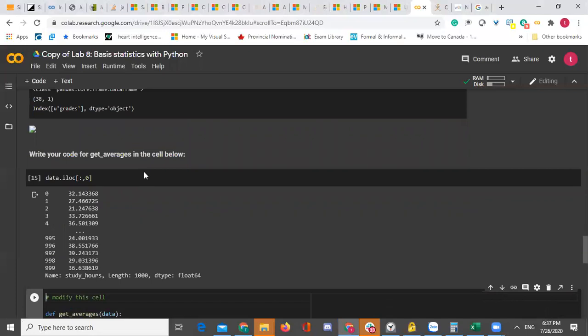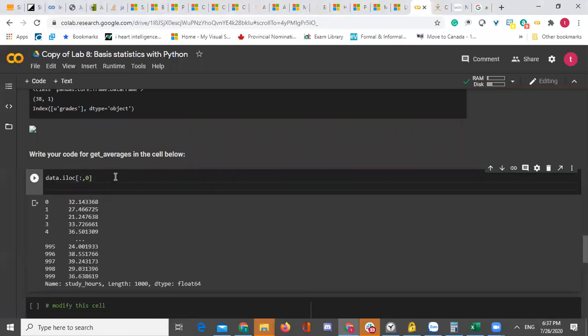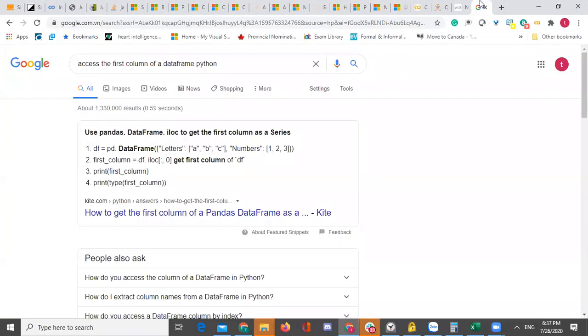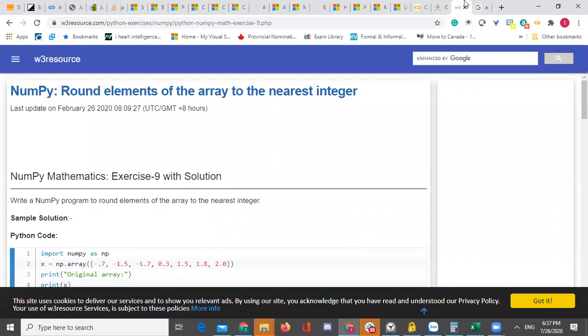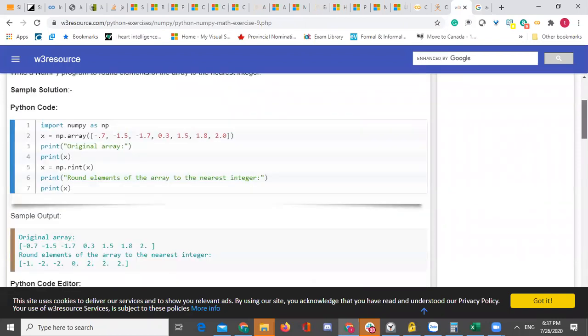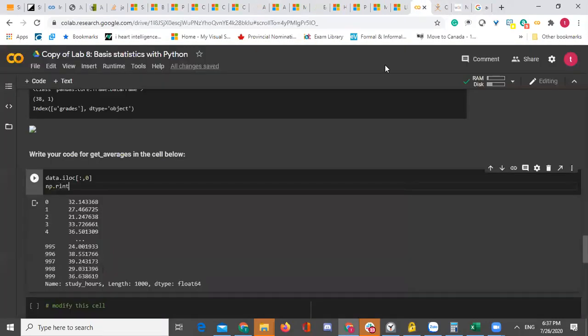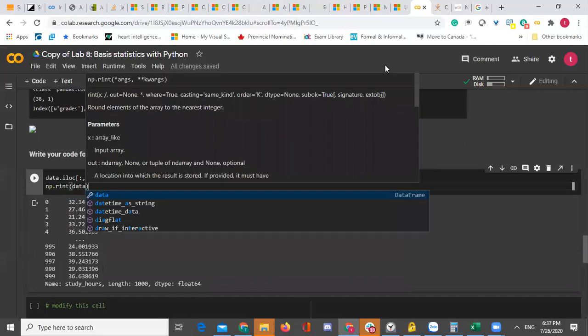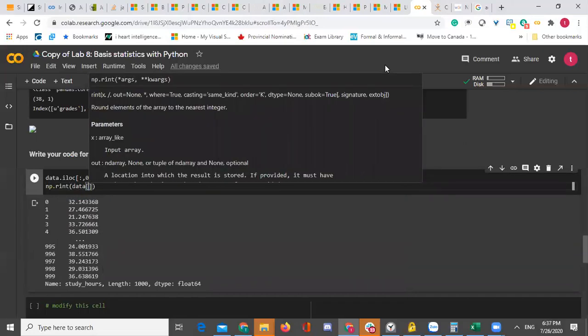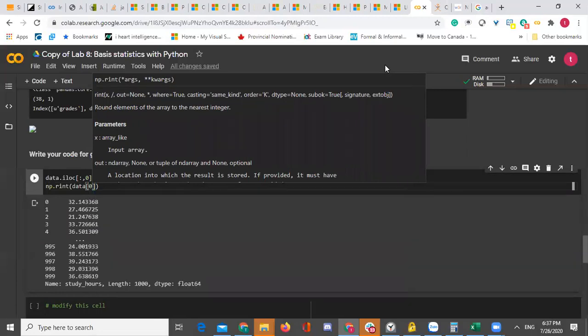Oh, okay. So this is our number. So we use numpy dot round. Let's see. Can we do this?